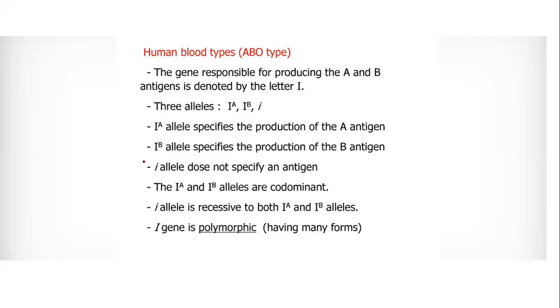The second example of multiple alleles is the Rh factor. Regarding the Rh factor, there are three hypotheses: that this factor is biallelic, that this factor is multiallelic, and that this factor is multigenic.